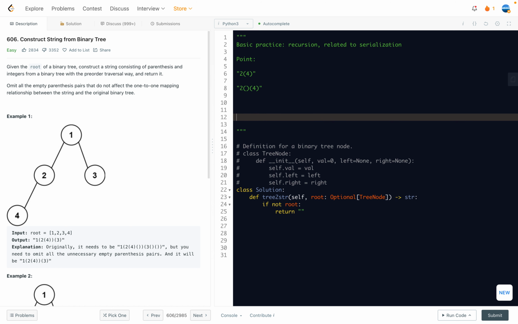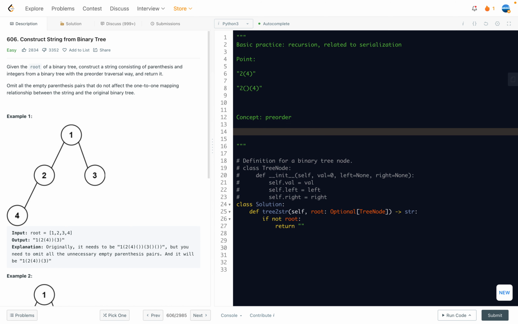Let me give a quick concept. Pre-order is that you first visit a node, and then the left subtree, and then the right subtree, recursively.